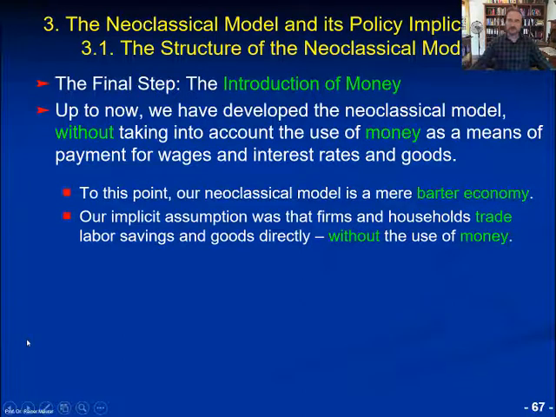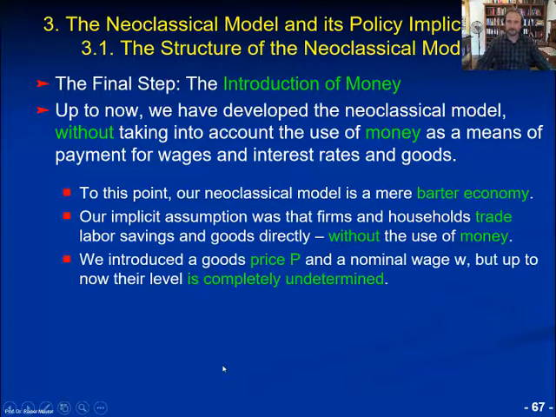Our implicit assumption was that firms and households trade labor, savings and goods directly, without the use of money. We introduced a goods price and a nominal wage, but up to now their levels are completely undetermined.